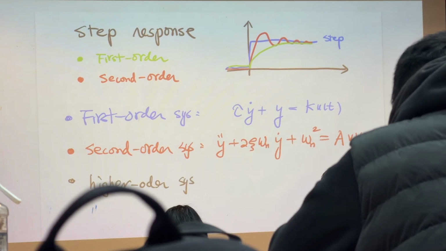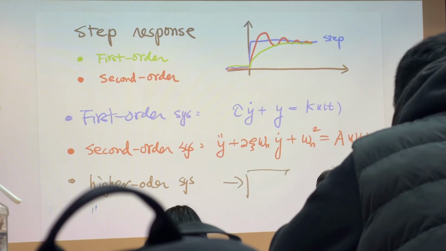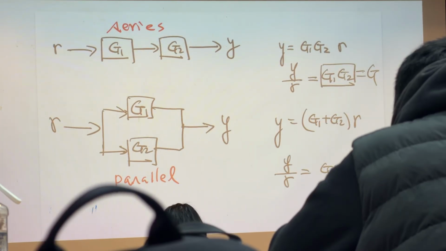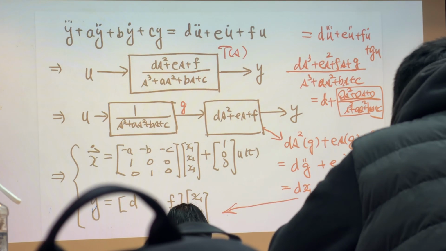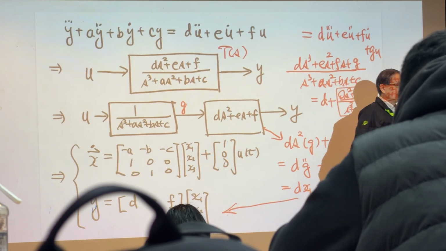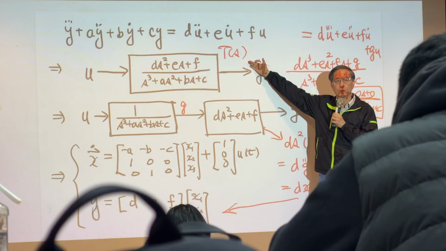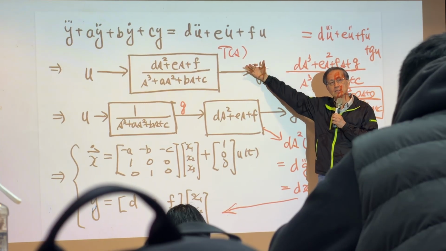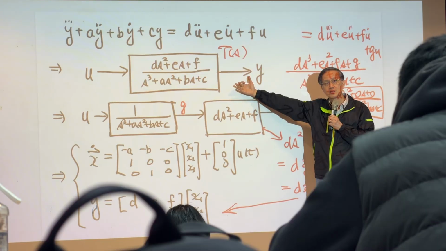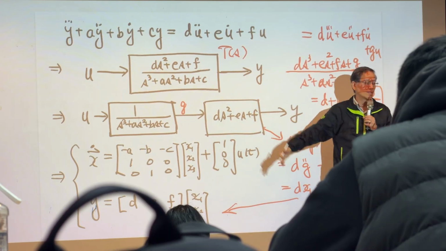If it is a higher-order system, we are still using this as the transfer function, right? Like here, a general higher-order system T(s). This could be your machine tool. This could be your robot. This could have 2 axes or 3 axes or multiple axes, right?